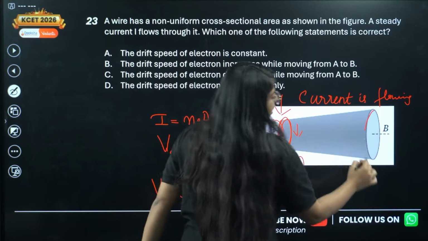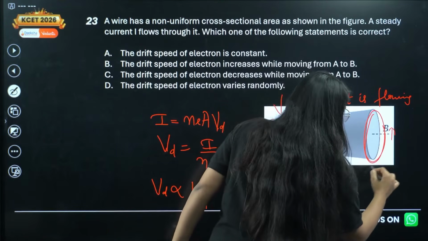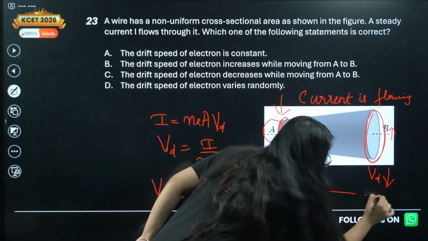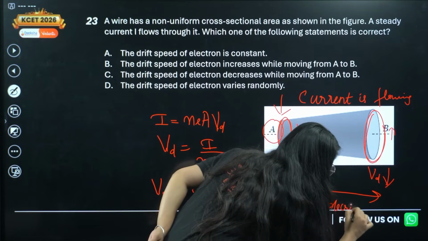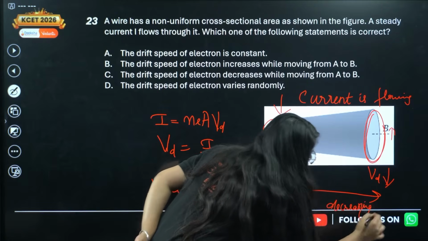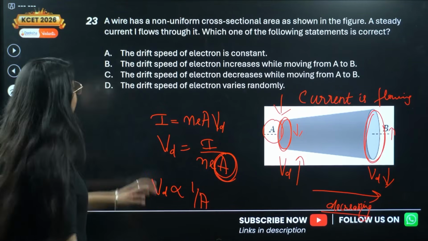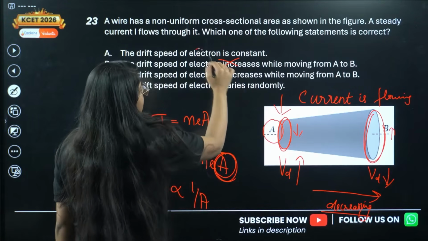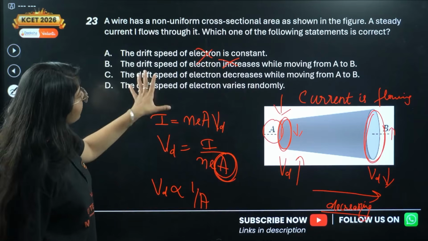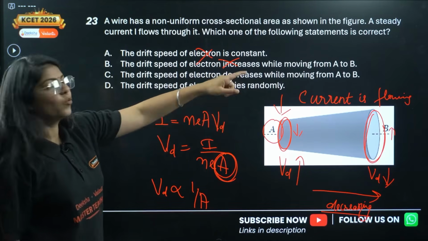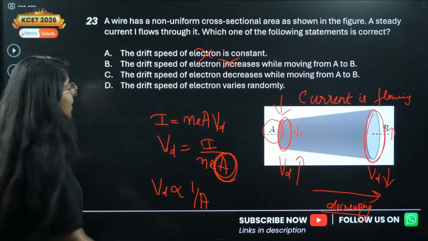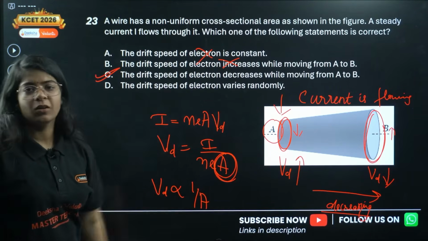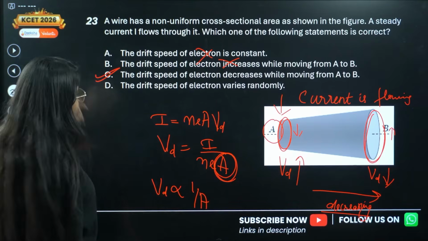Here the cross-sectional area is more, so VD will be less. So it is decreasing as it goes from A to B, correct? So the drift velocity of electron increases is wrong. The drift speed of the electron decreases while moving from A to B. This is the correct answer that we just found. The drift speed does not vary randomly.